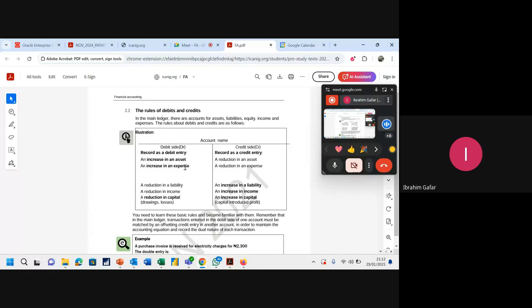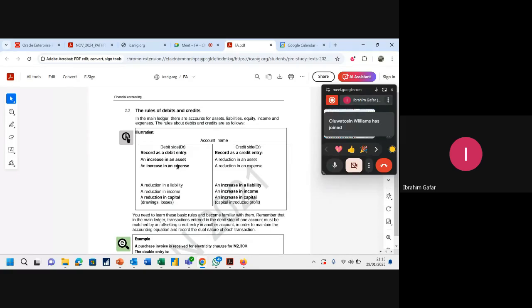Like we said the other day, assets are debit entry, liabilities are credit entry, income is a credit entry, expenses is a debit entry, equity is a credit entry. All of these are things you must follow. Look at what they are saying here: record as debit entry.